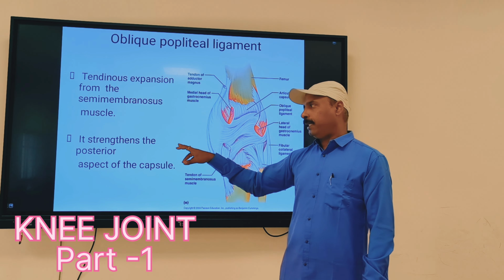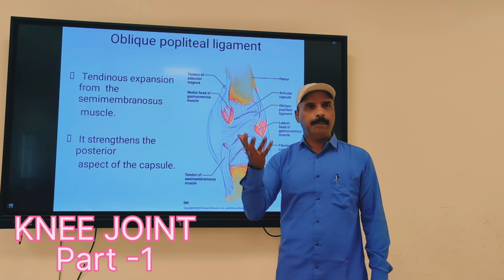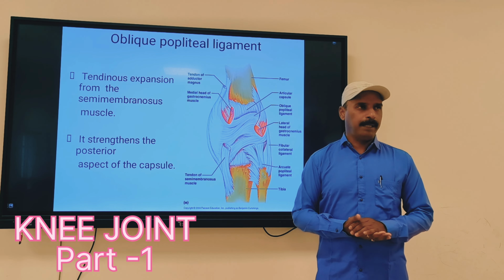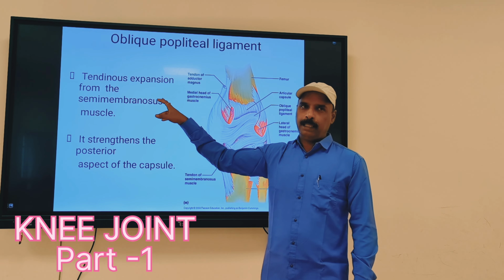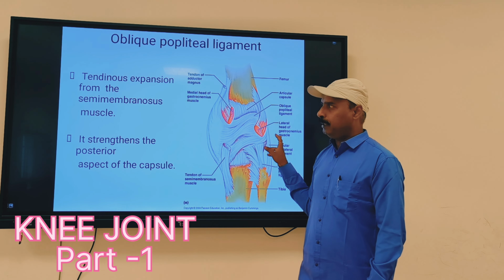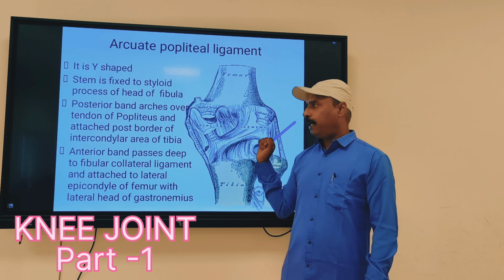It adds strength to the posterior aspect of the capsule, because it comes posteriorly. The posterior aspect of the capsule is supported by the expansion of the semimembranosus muscle, that is what you have to tell here. So that is the oblique popliteal ligament. Next comes the arcuate popliteal ligament.